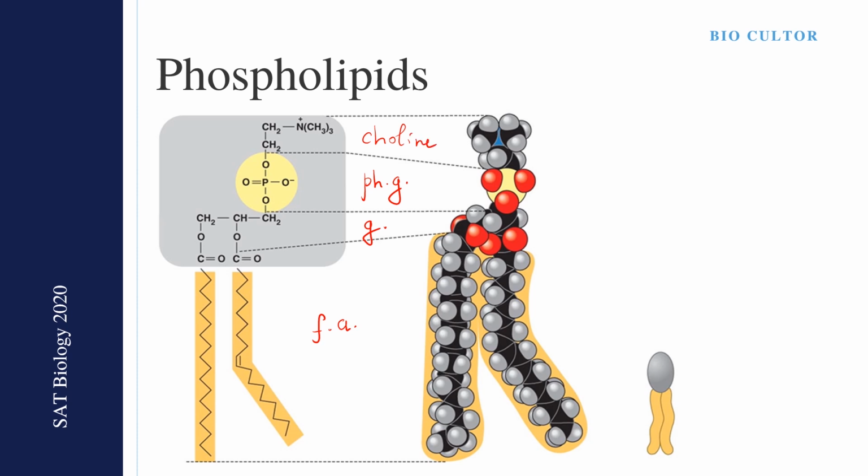The second is that we distinguish two regions of phospholipids. Namely the hydrophilic head and hydrophobic tails.